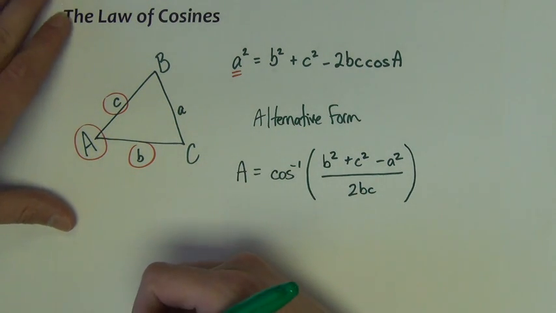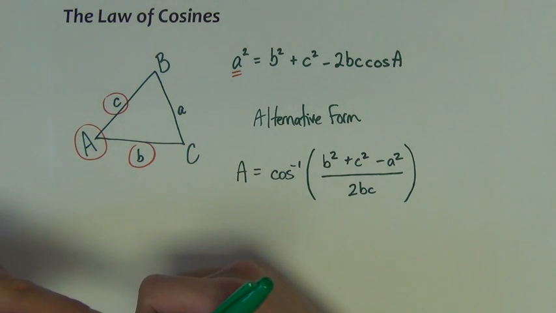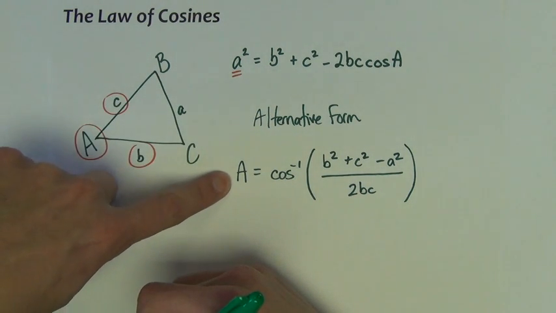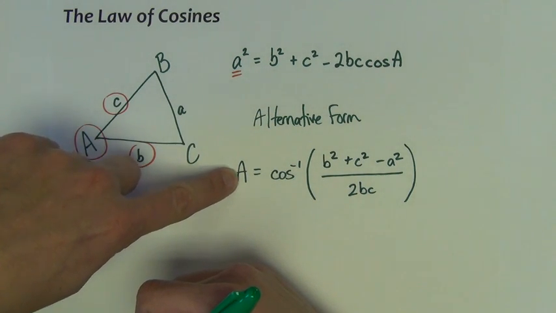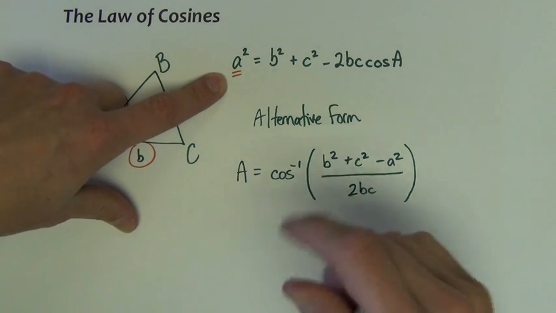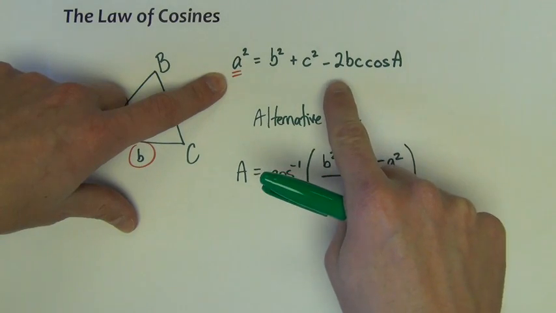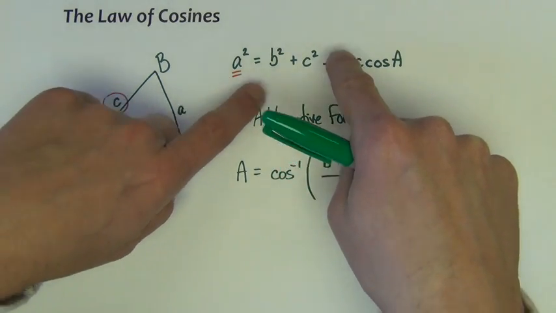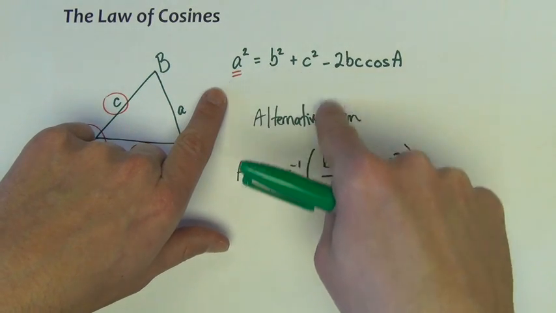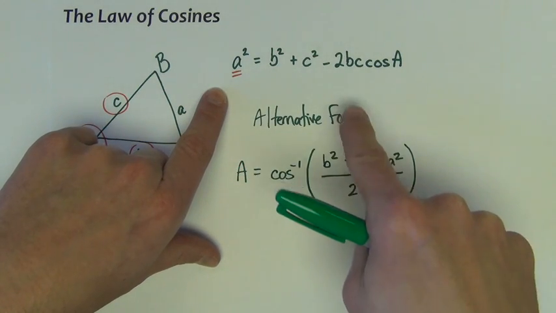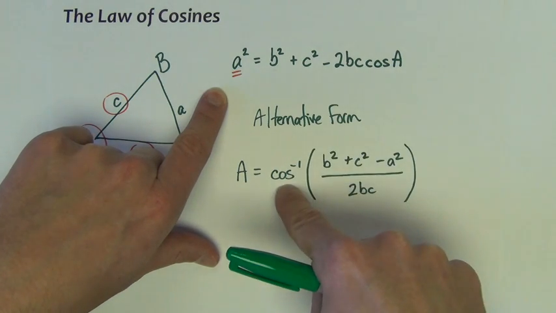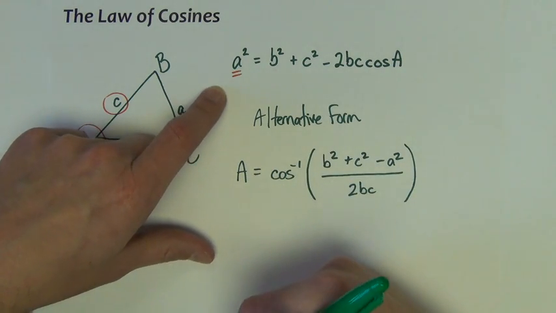There might be instances where you're trying to find not a side in a triangle, but quite possibly an angle, and if that's what you're after, then law of cosines can be rewritten. All I did was move these two terms to opposite sides, so that would be b squared plus c squared minus a squared, divided by 2bc, and did the cosine inverse, getting the A all by itself.